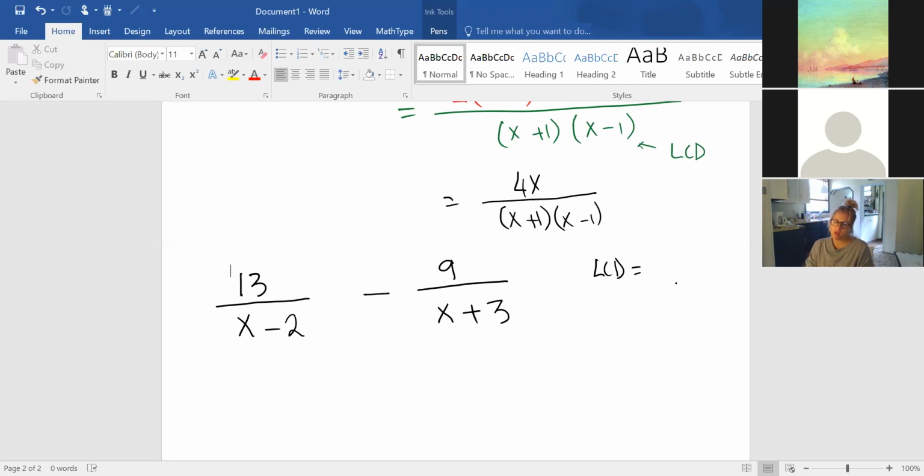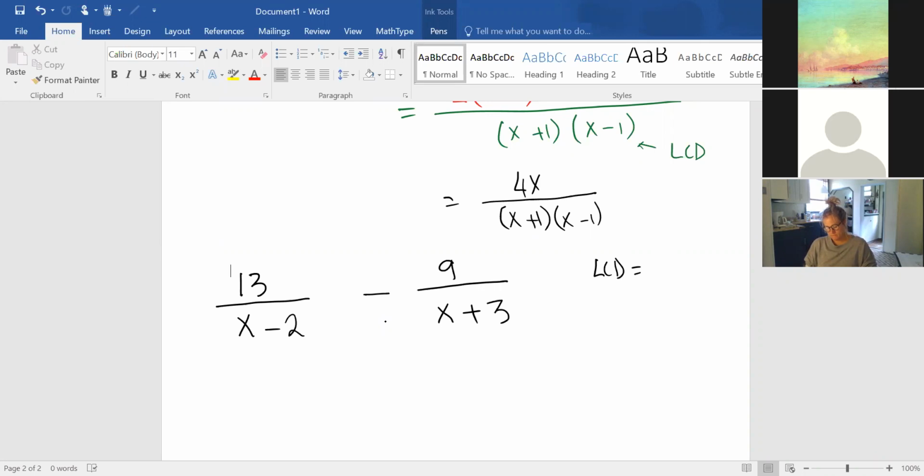So what is the LCD, you think? Somebody else? X minus 2, x plus 3. Exactly. If the two denominators don't share any common factors, like here, the LCD will be just a combination of both. X minus 2 as a factor is completely independent of x plus 3.